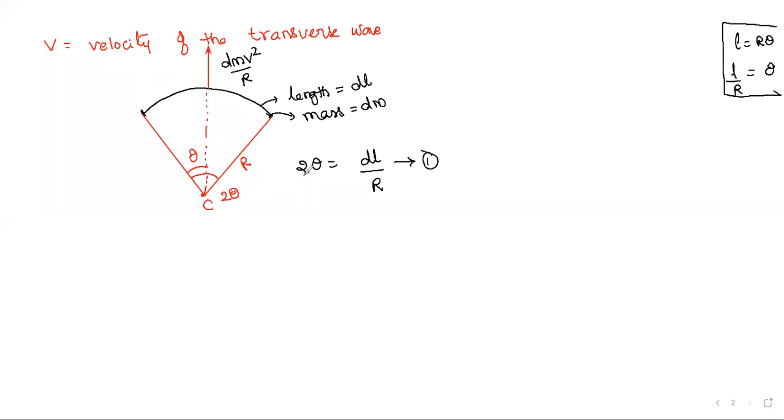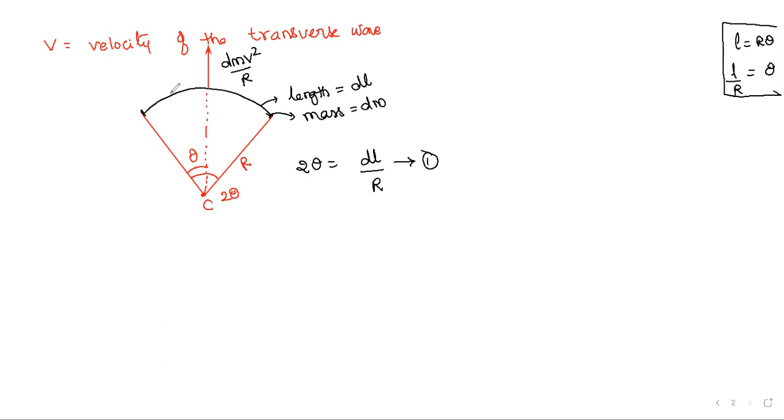Then you may get some doubt. Sir, centrifugal force by virtue of velocity of transverse wave you wrote here on the small element, that is dm v square by r. Why do you require 2 theta equals dl by r? What is the use? Okay, for that, wait, you will get the answer for your doubt.